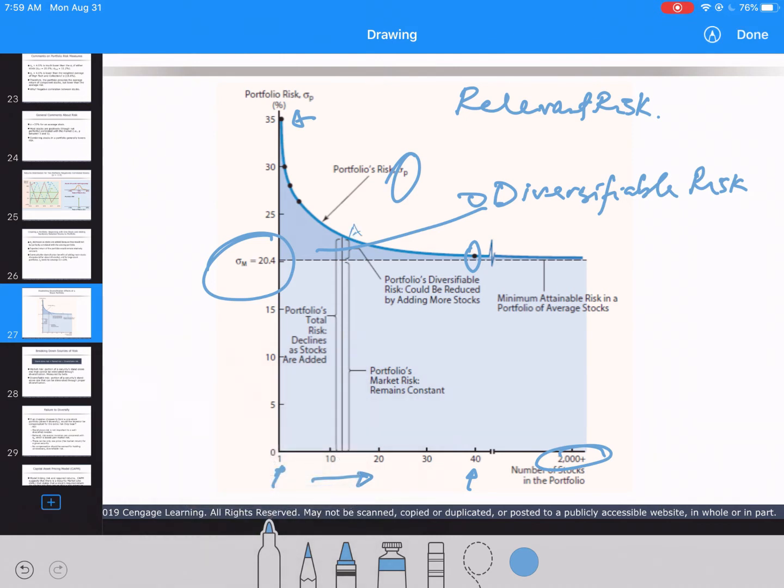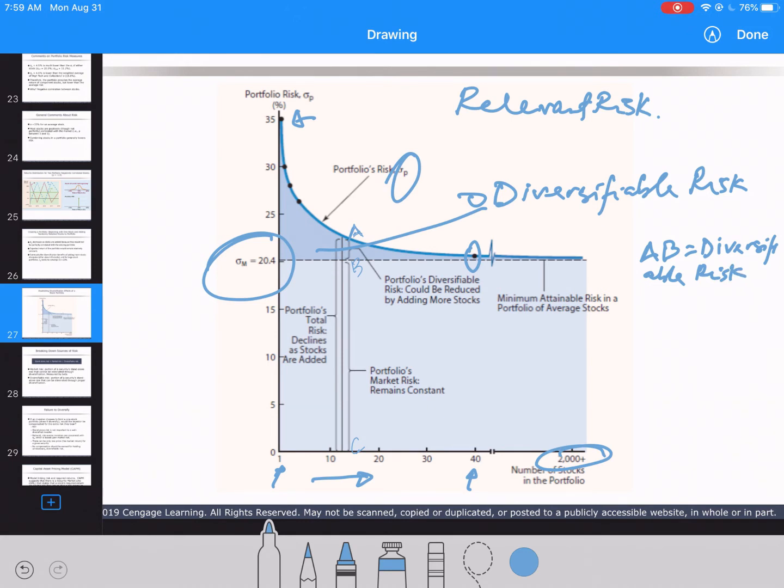Let's say this is A, this is B, and this is C. So AB is diversifiable risk, because it will not be there anymore after adding more and more stocks.